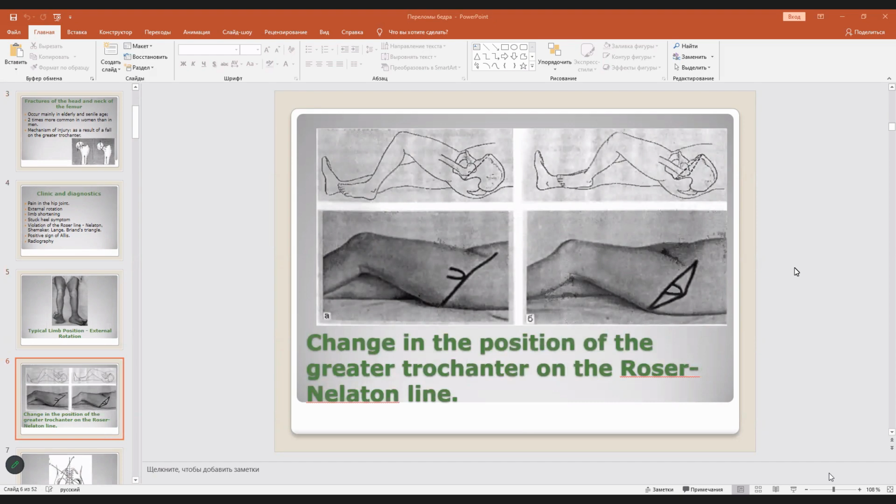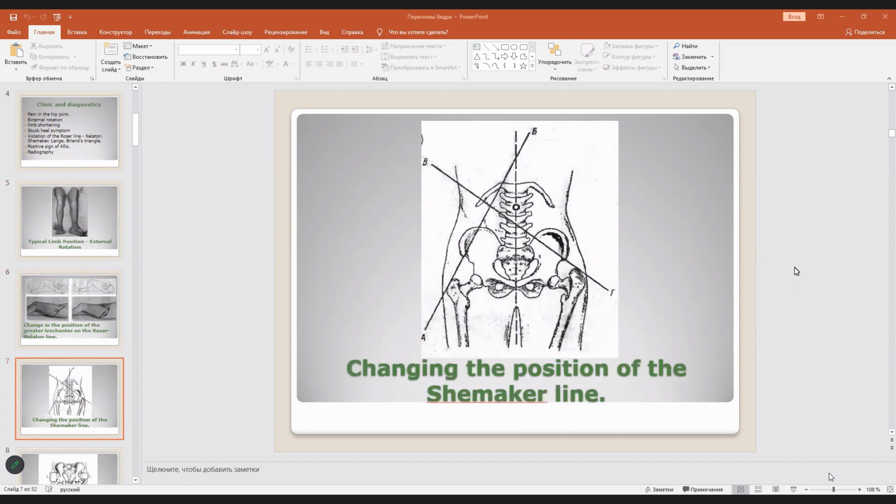Change in the position of the great trochanter on the Rosenthal line. Changing the position of the Schumacher line.